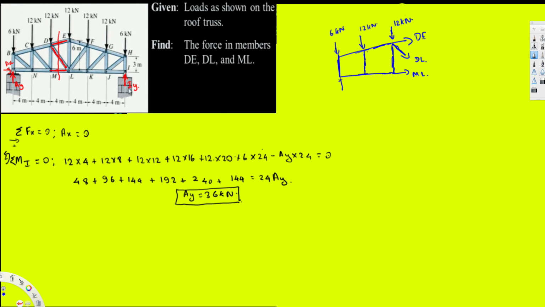We have AY pushing this object up, and AX we don't have to worry about, it's a zero force, we found it already. We know this 3 meter distance is given, and these are 4 meter.